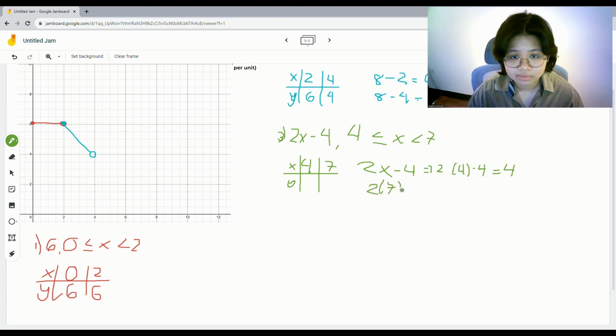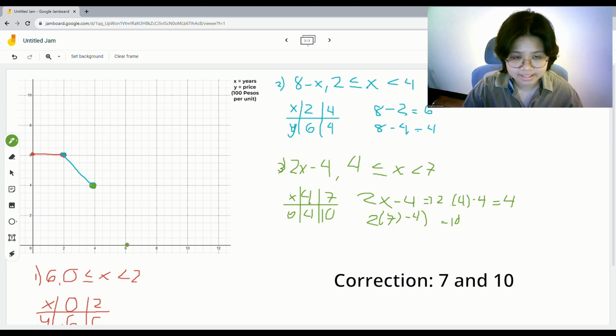We will do the same with our second x, which will give us the answer 10. Since our table is complete, we will now graph it. So for the first point, it will be 4 and 4, while the second point is 7 and 10. This is our third graph.